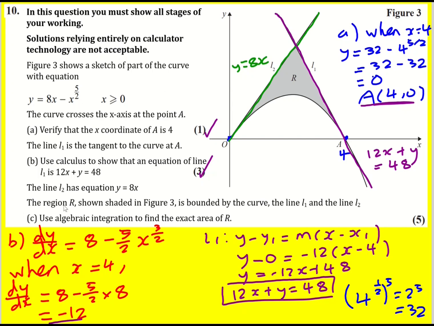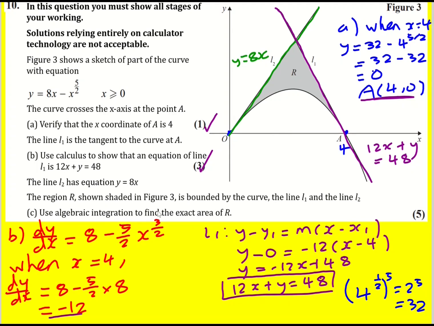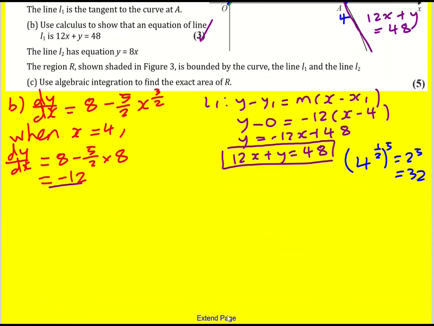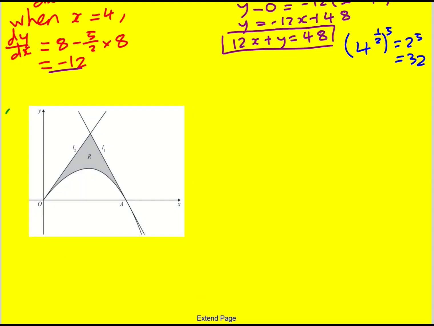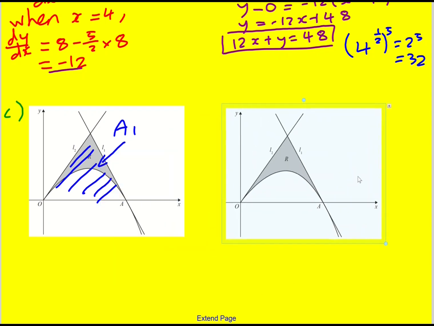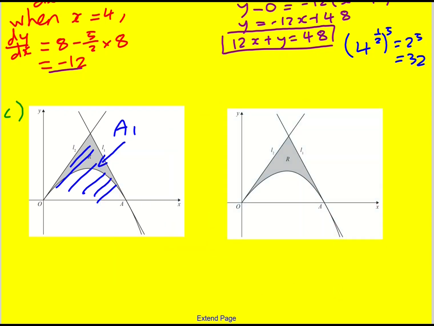Now for C, we're told that the region R shown shaded in the figure is bounded by the curve, the line L1 and the line L2. We're asked to use algebraic integration to find the exact area of R. So what we can do is find the area of the triangle, which I'm going to call A1, and then subtract the area underneath the curve, which I'm going to call A2.